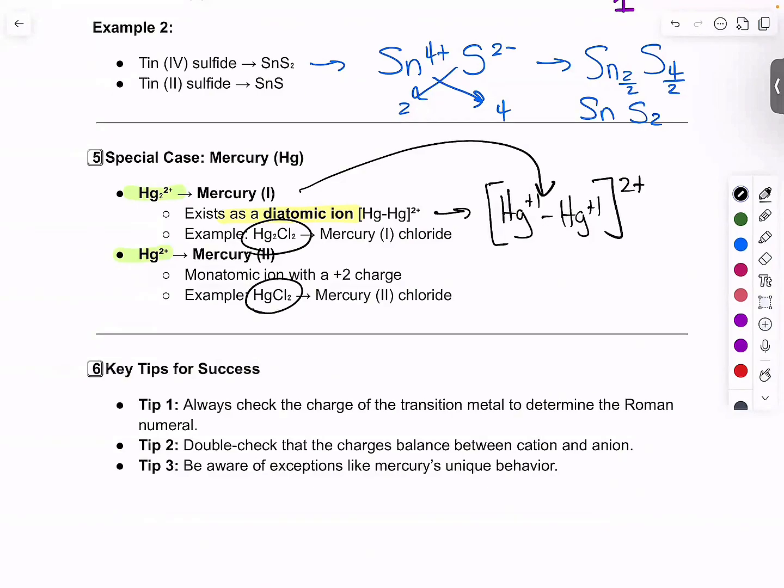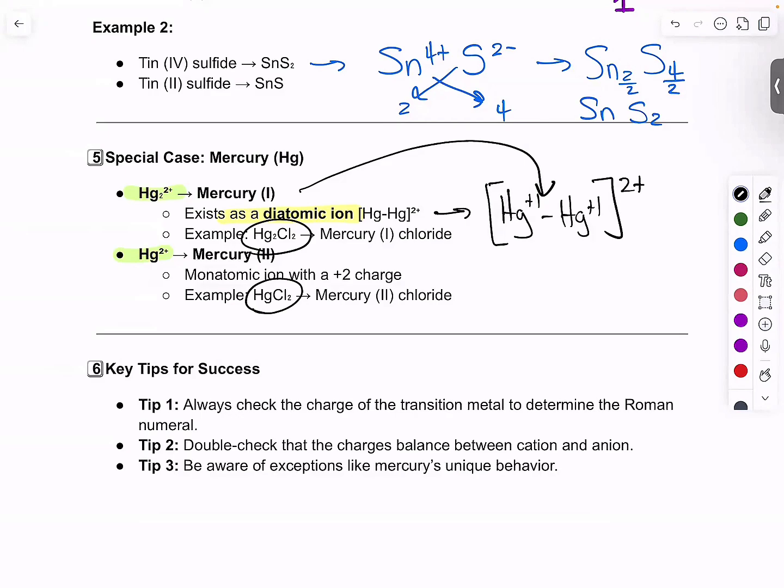So notice our Cl2s are the same, but in one case we have two mercuries, in the other case we have one. Just know it again, it's a special case, and that we can combine two plus one mercuries to get a plus two on the top example, and then we can just have one mercury to have a plus two charge. There you go.